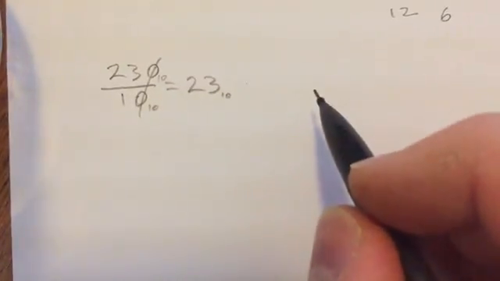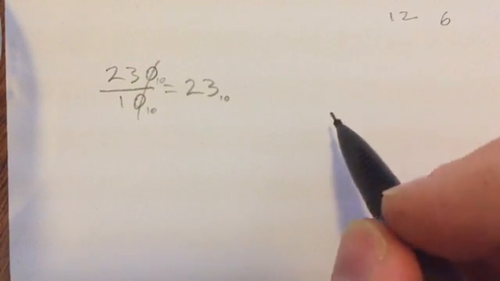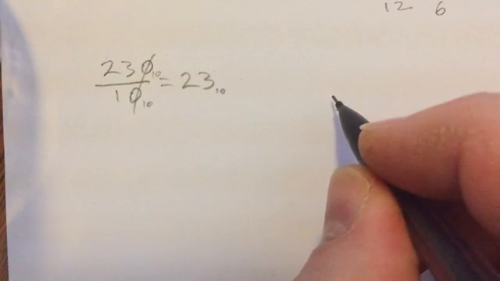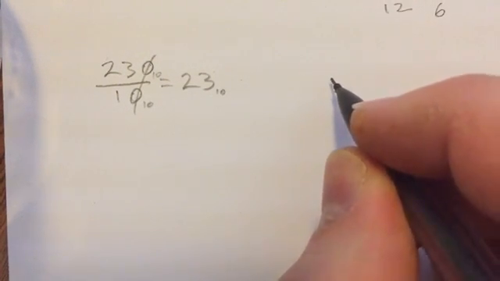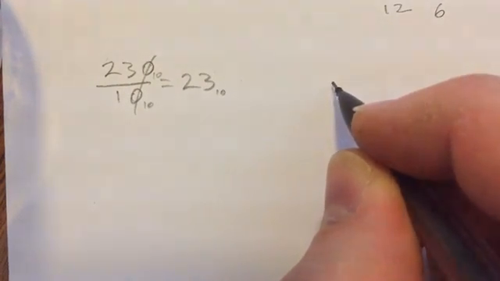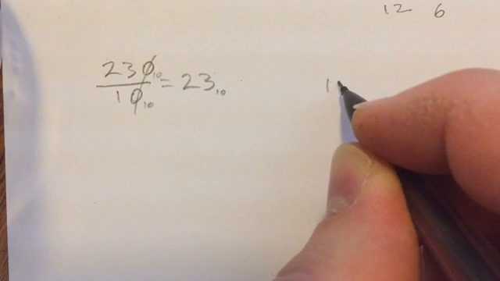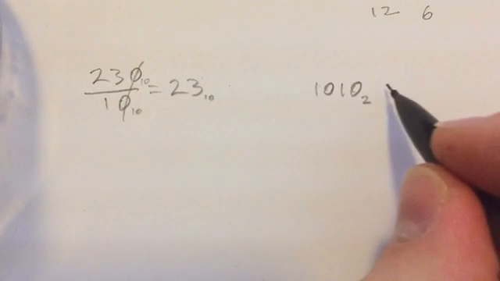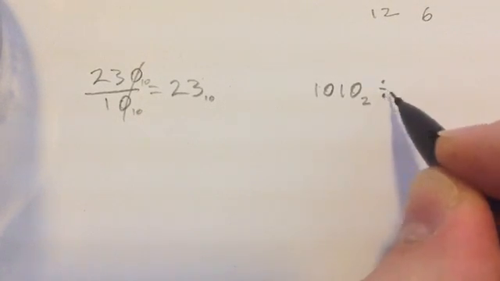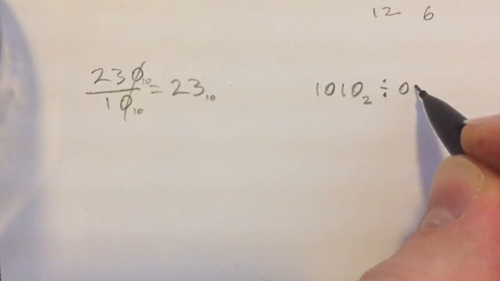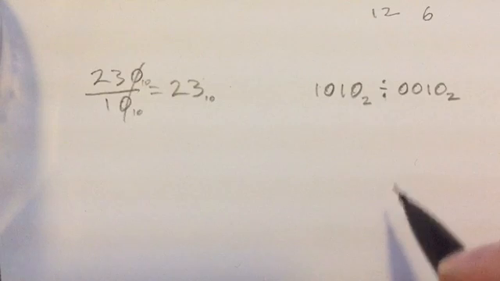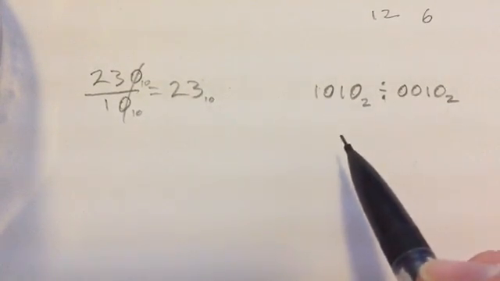Now, in order to do something similar in programming, let's say we have 10 in binary, 1010, and we want to divide that by 2, 0010 in base 2.